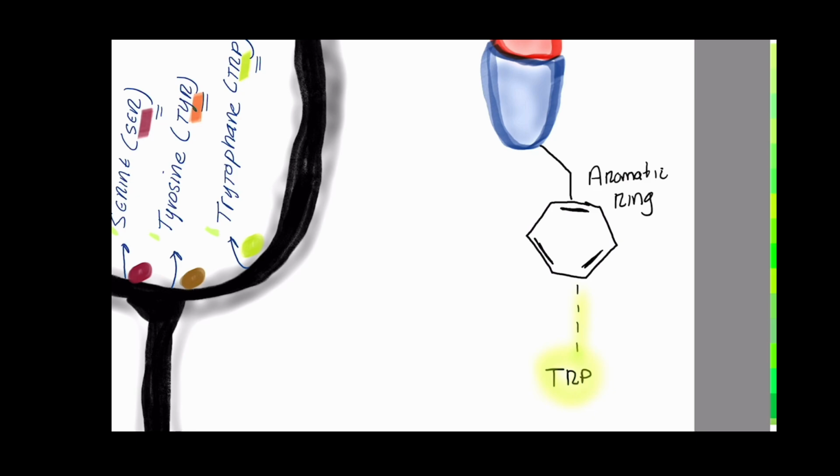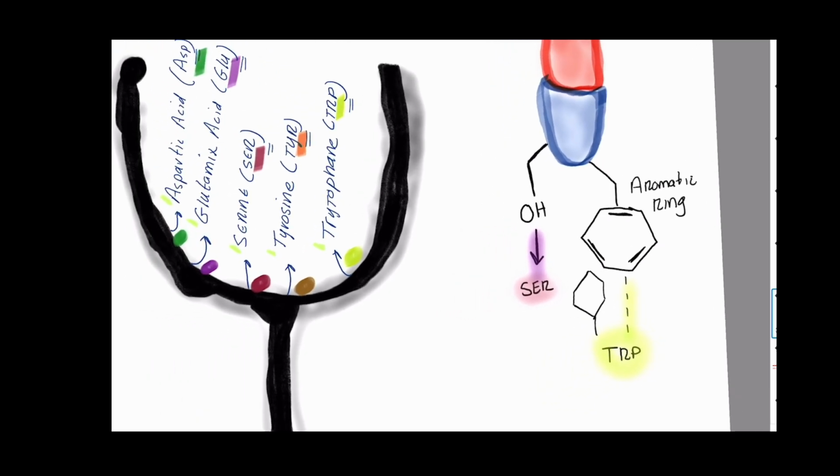Likewise, these two rings will be attracted to one another, and they call that T-stacking. So if a drug has, let's say, a hydroxyl group and an aromatic ring, well, now we can assure that the drug is going to bind to two of those robust amino acids that are inside of the ligand pocket.